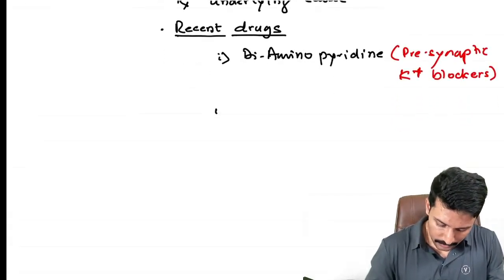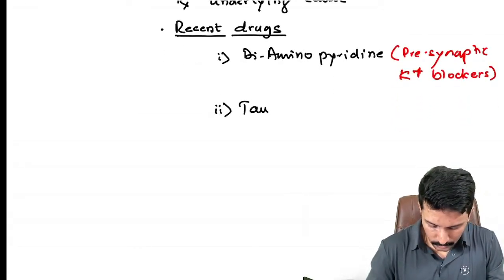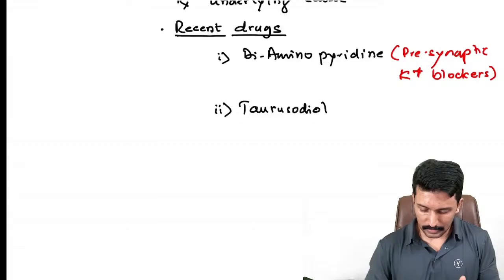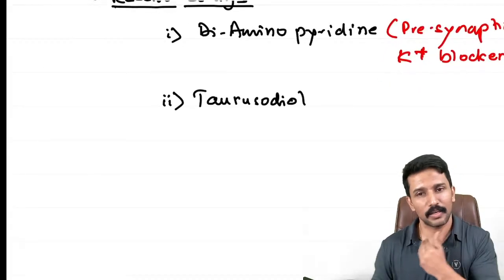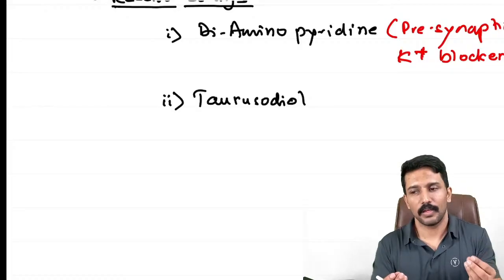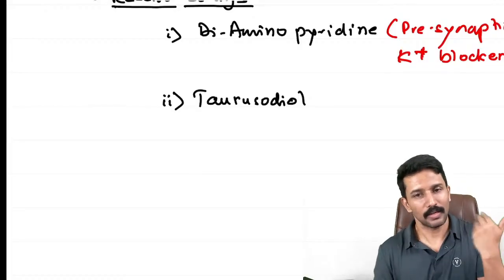And then the second drug is called torsemide. This drug was approved recently and then again withdrawn recently. Like before we could see it being used in India, it was approved and withdrawn.